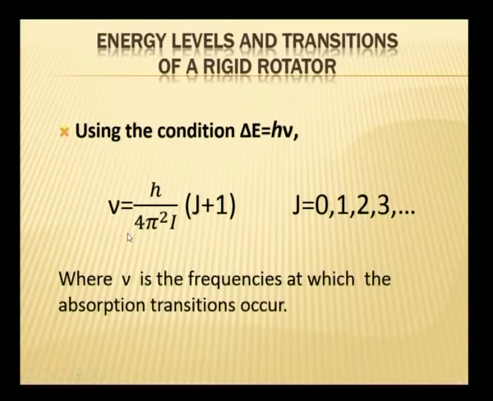When the molecule is jumping from j plus 1 state to the jth state, during this transition the frequency emitted will be given by an expression of this kind. This frequency, as I told you, lies in the microwave region. That is an important consequence that should be remembered as far as the rigid rotator is concerned.